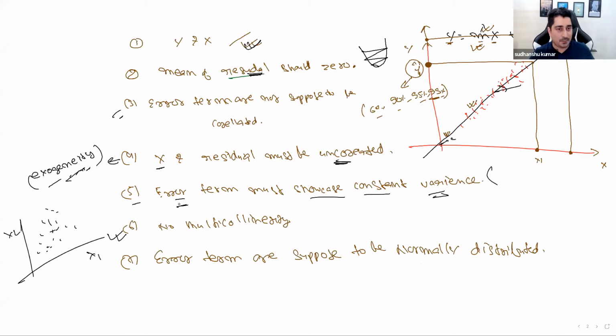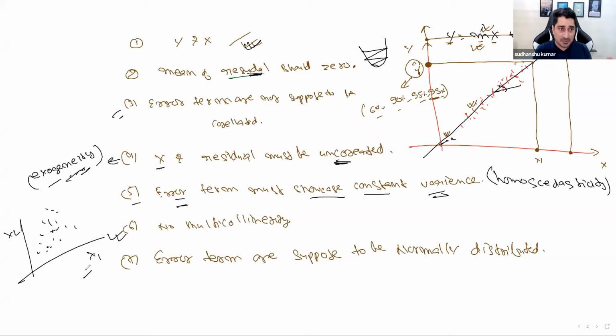This fifth point means error terms must showcase a constant variance, and this is called homoscedasticity. So these three terms, exogeneity, homoscedasticity, and multicollinearity, you are supposed to remember. And these are new words.